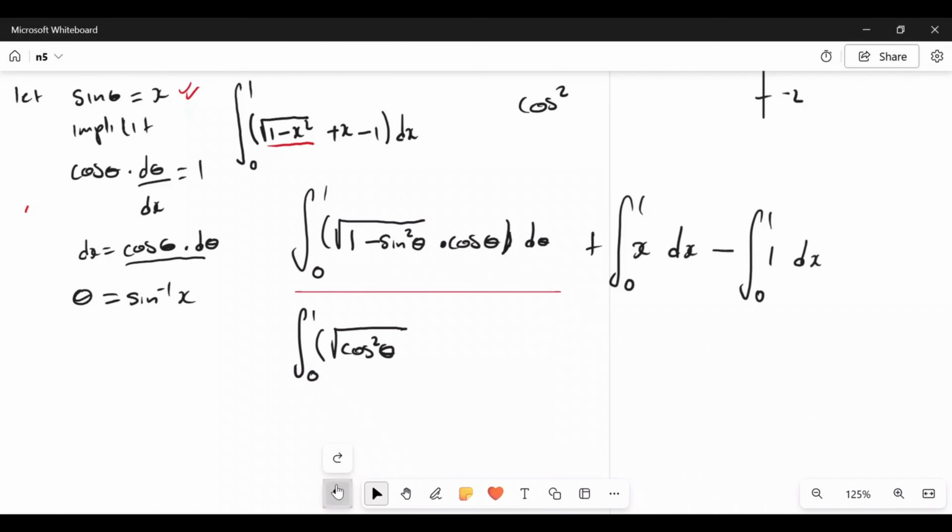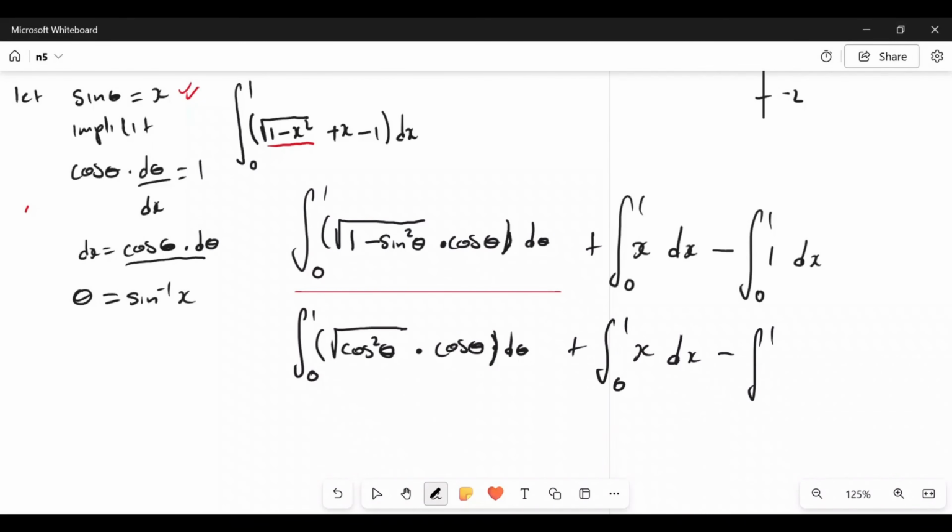Let us not forget that we also have cos theta multiplied by d theta, so we put this inside the bracket again. Plus, this one we're just going to drop for now so that we don't get confused: the integral from 0 to 1 of x dx minus the integral from 0 to 1 of 1 dx.